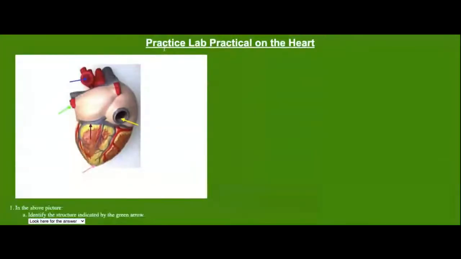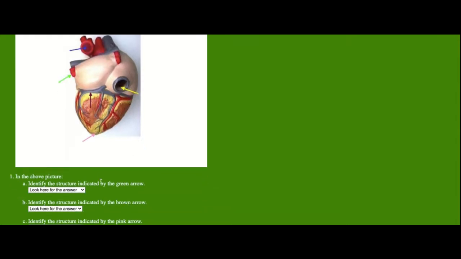Okay, and now the page which I want to show you is this one. For example, one of the tests, your information is like this. Here, practice lab practical on the heart. We have the practice lab practical for the blood cells also. So don't forget to check that, test your information in your lab module. And here you can see different arrows.